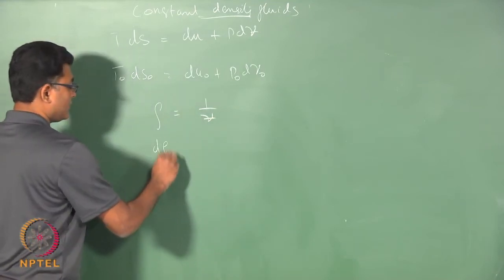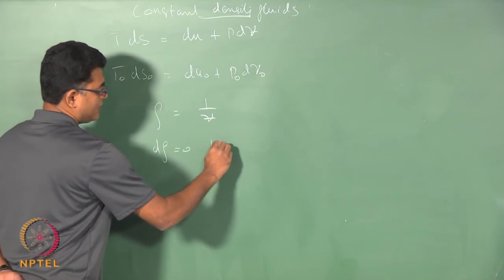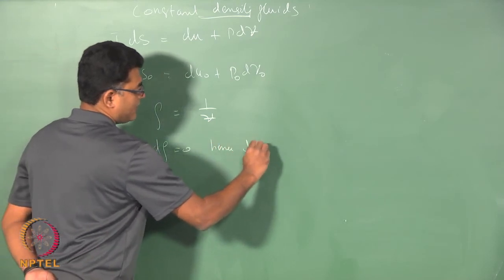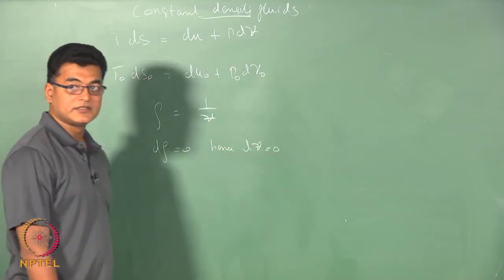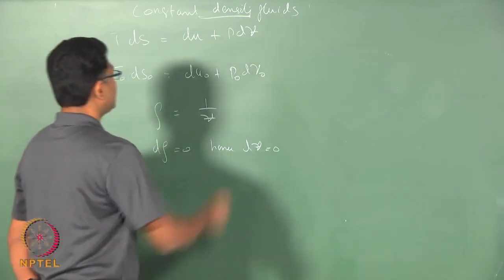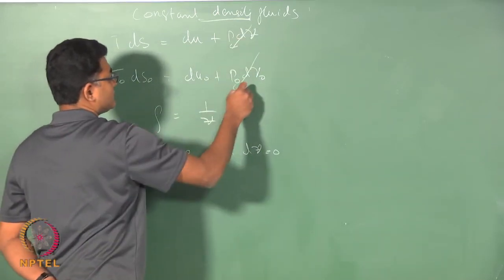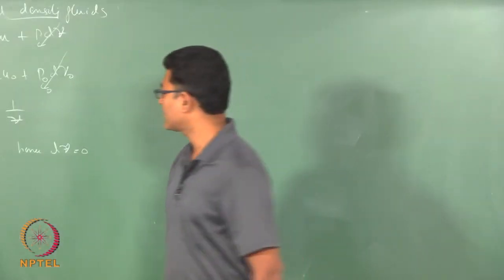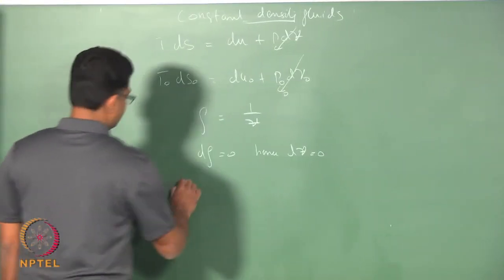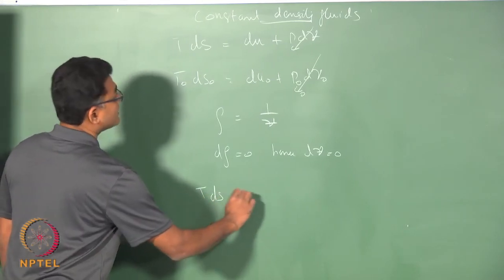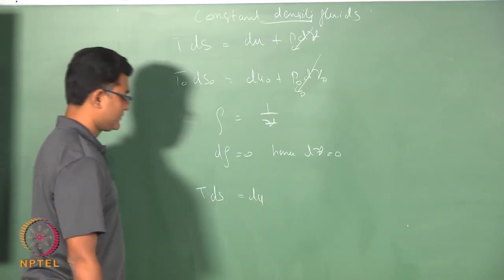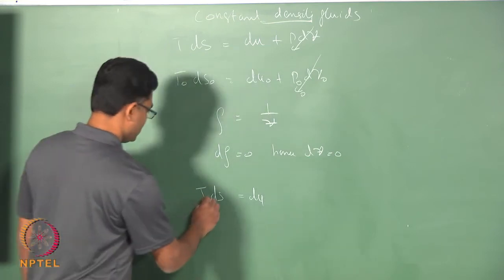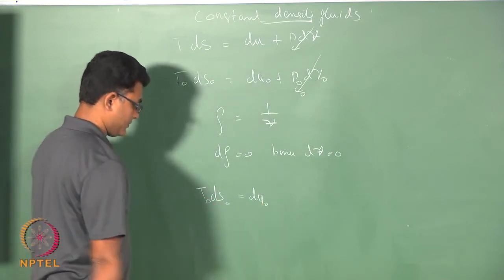So, your d rho is 0 and hence your dv is also 0 for a constant density fluid. So, if I put that here, I would lose my second term on the right hand side. So, my TdS is du.